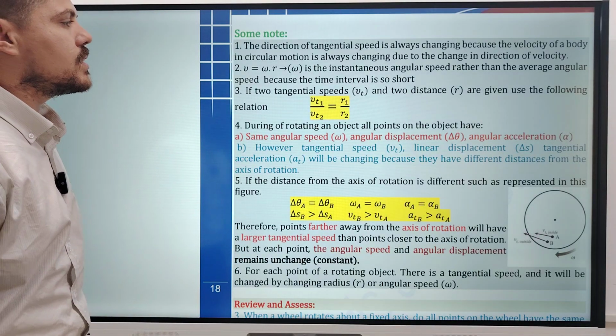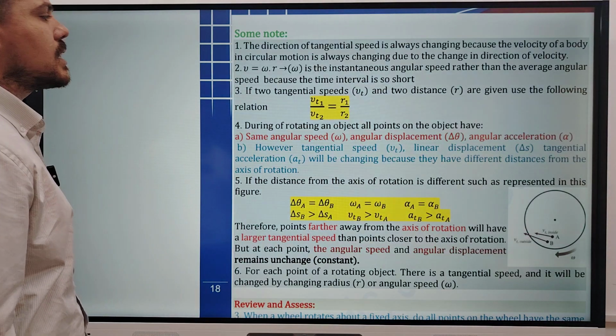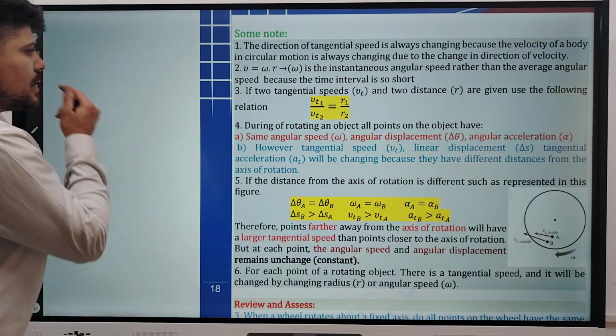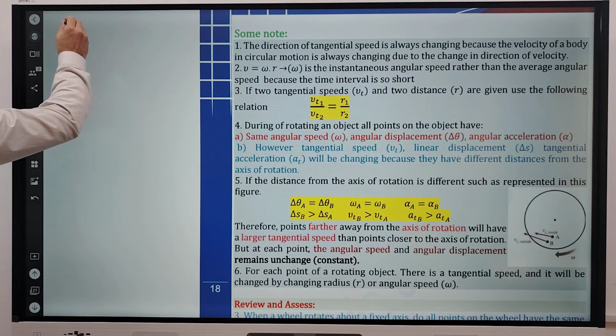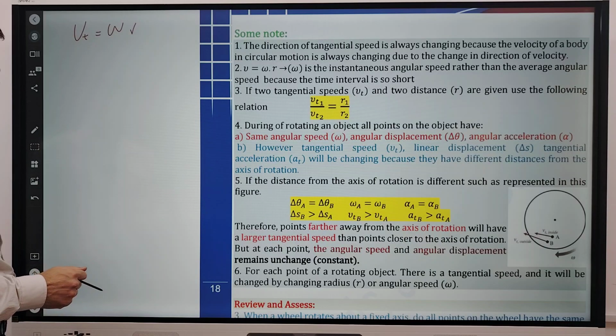If two tangential speeds Vt and two distances are given, in that case you have to use this relation. Why? Because as you know, Vt is equal to what? Omega r, okay.